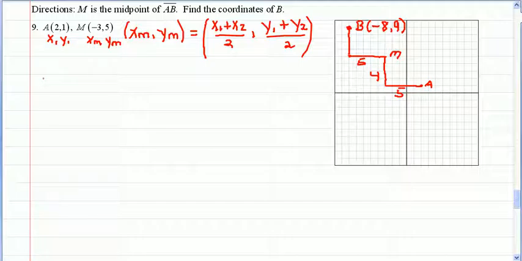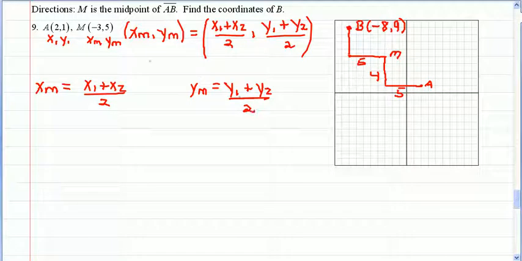So if we start with the x's, x sub m is equal to x1 plus x2 over 2, and then y sub m is equal to y1 plus y2 over 2. So this part is equal to this part, and this is equal to this.